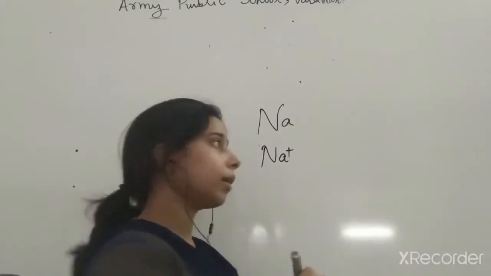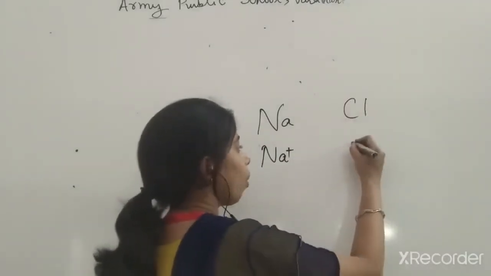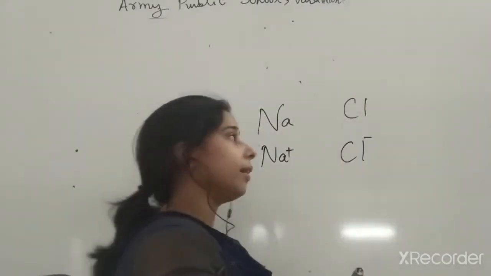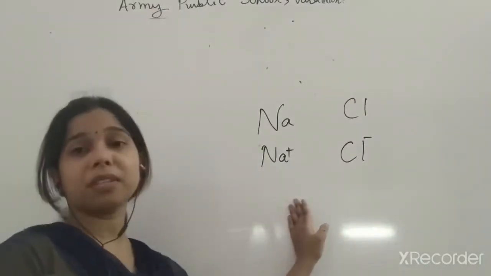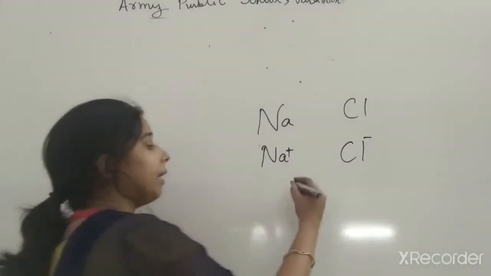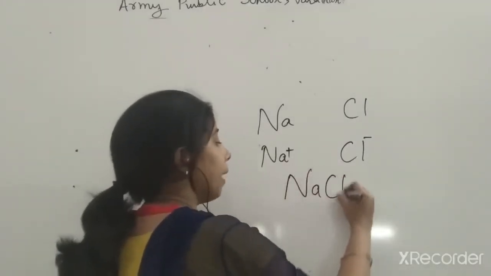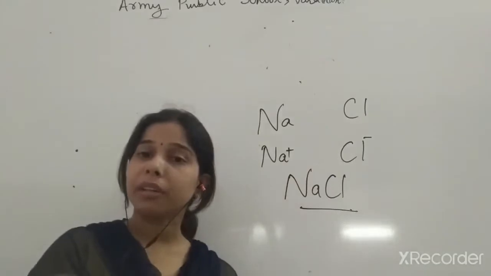and this sodium ion, when it combines with the chlorine ion, then it will be like this, Na positive and Cl negative. These Na positive and Cl negative combine together to form NaCl, that is sodium chloride.